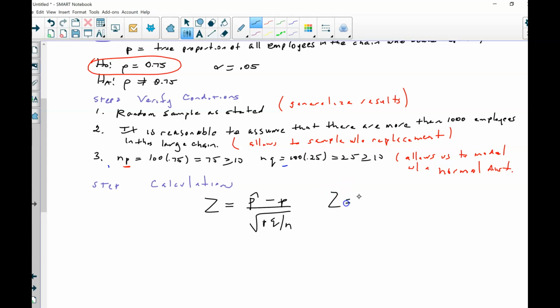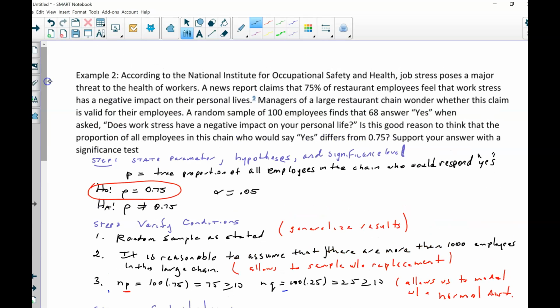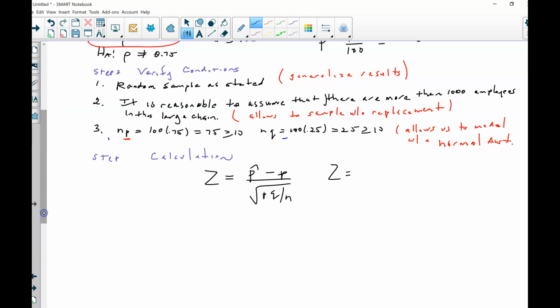So specifically, what are we filling in? Well, let's go back up. We know that p hat is 68 out of 100, or 0.68. And so now we're going to substitute that in. So 0.68 minus 0.75, our parameter.